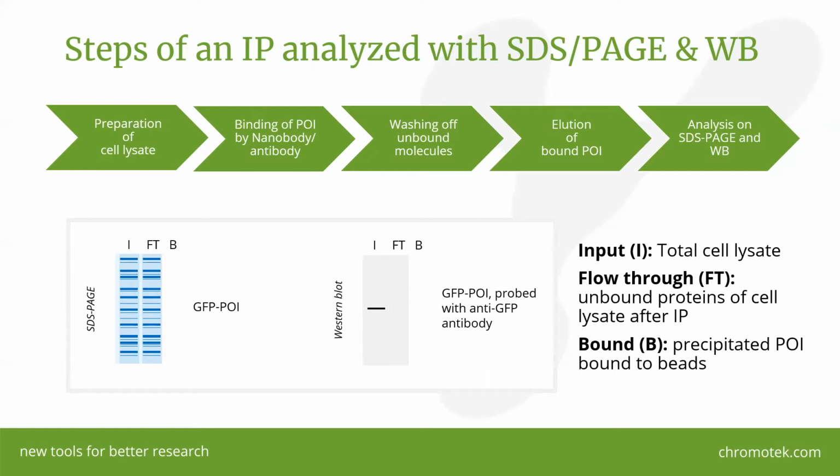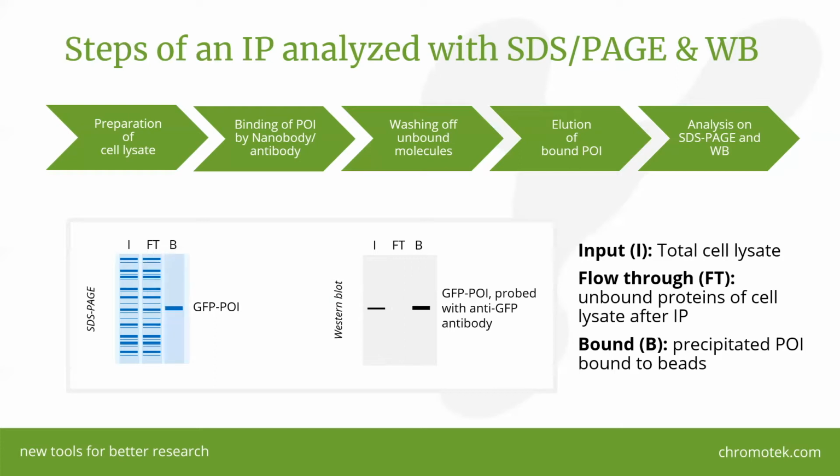The second fraction is the flow-through, also called supernatant, and that corresponds to the input after the binding step is completed. The flow-through contains cellular proteins without the protein of interest. The SDS-PAGE shows no band, so the Western blot should be empty.